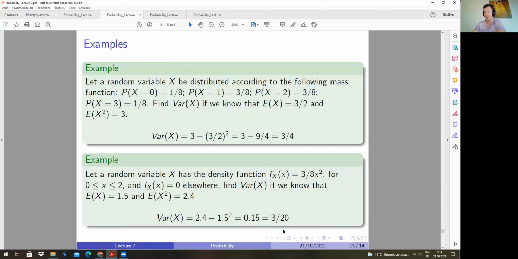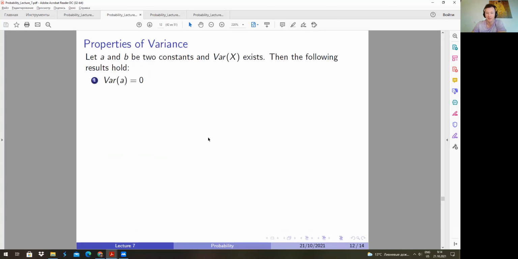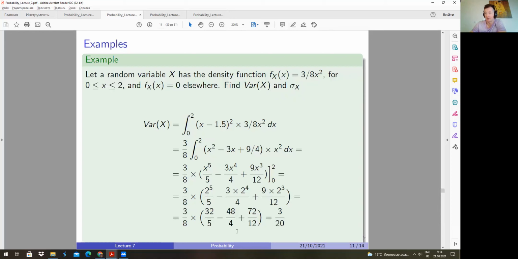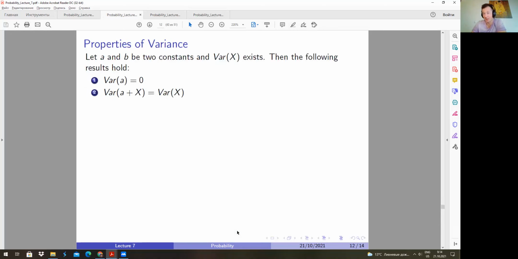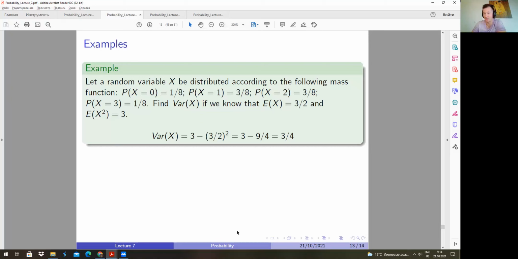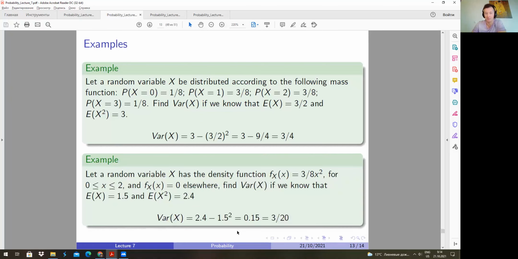I think this way of calculating a variance is simpler, right? Because you don't need to do all these long calculations as here. On the exercise session, you will see both approaches, and then you will be free to choose which approach is simpler for you. Both of them are possible.